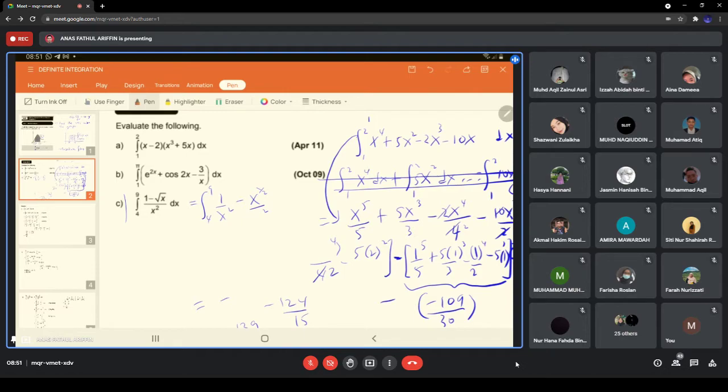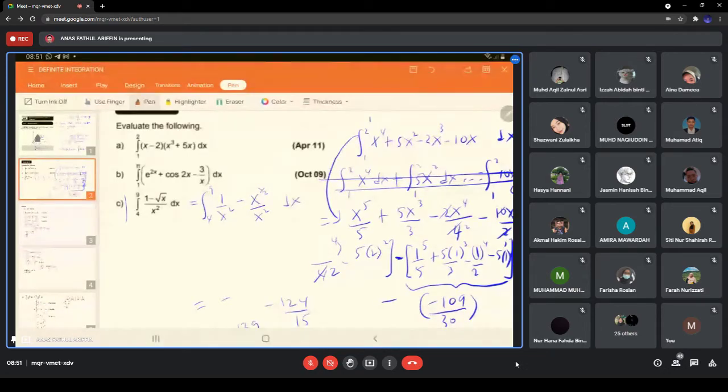Lepas tu kita boleh naikkan dia punya denominator. So from here we have, integrate from 4 to 9, x power of negative 2 minus x power of negative 3 over 2 dx.